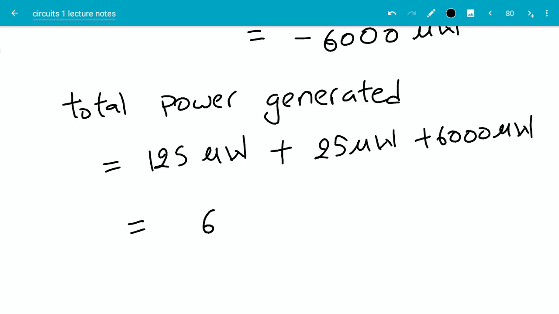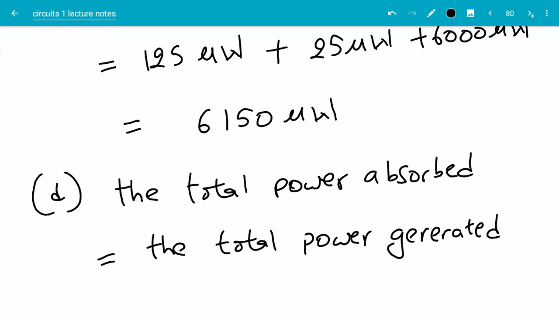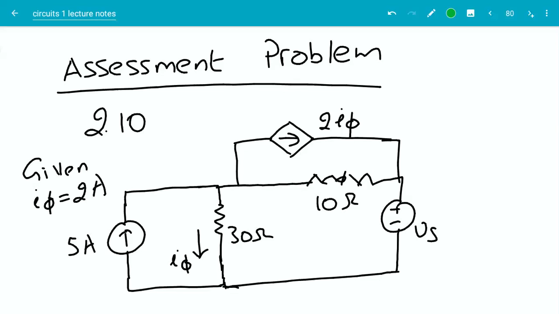And the total comes out to be 6150 microwatts. This will be the total power generated. Part D asks for the total power being absorbed, which will be equal to the total power generated, which will be equal to 6150 microwatts.